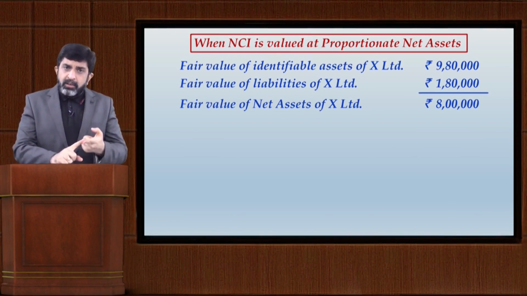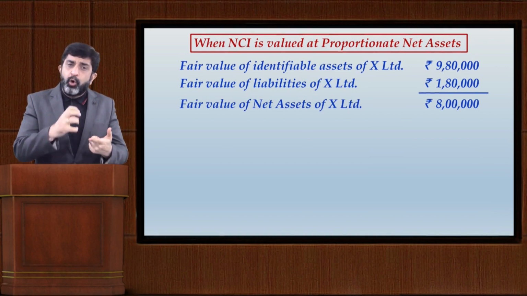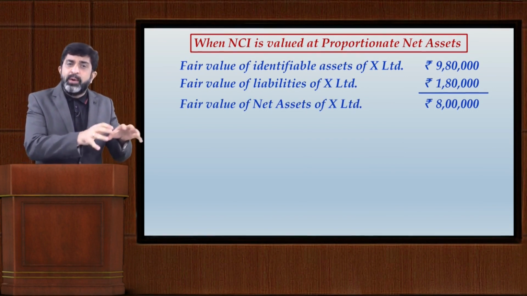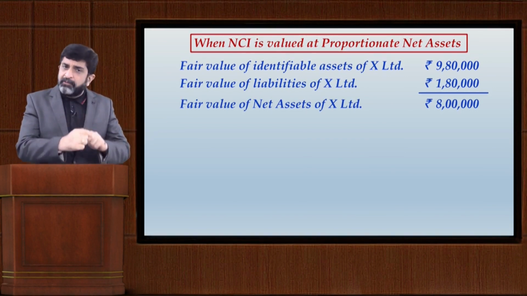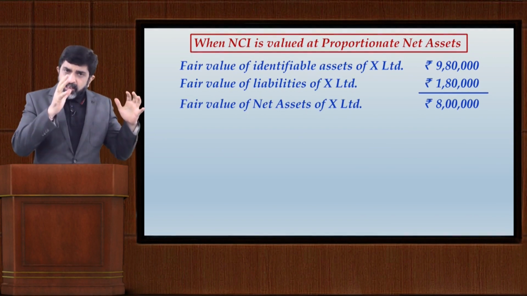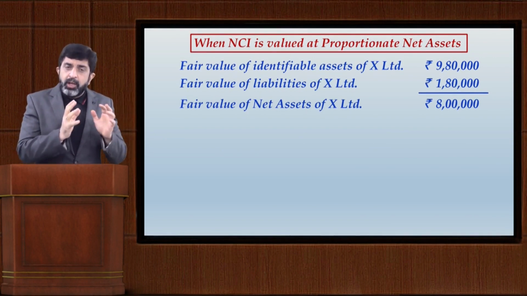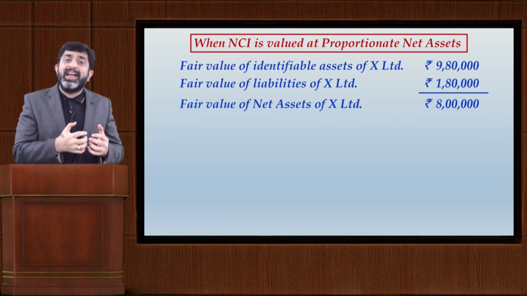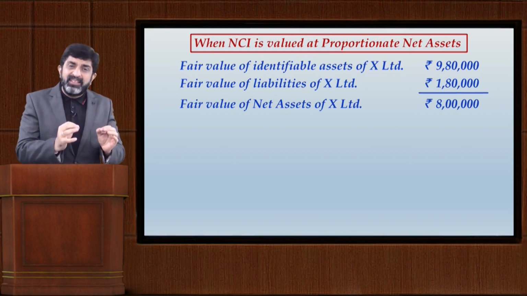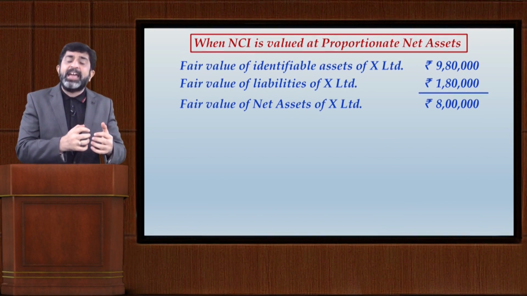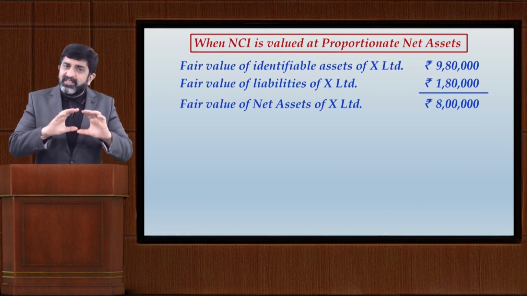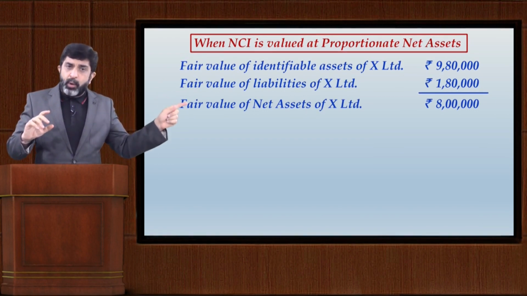Fact number 1, we have not acquired the whole business, we have acquired only 80% of equity of X Limited. We have definitely established control. This is a business combination, but this is not a business combination by acquiring the entire business. It is a business combination achieved by acquiring control. Now 8 lakh is the value of net assets of the acquiree.